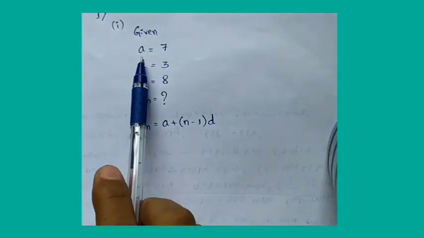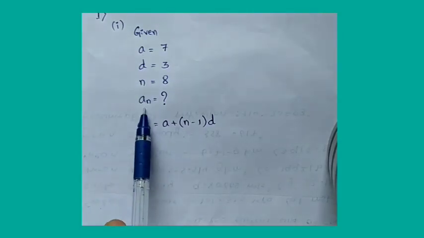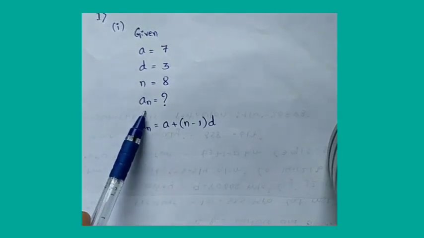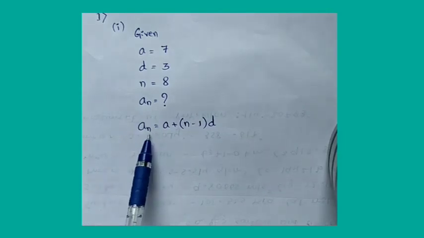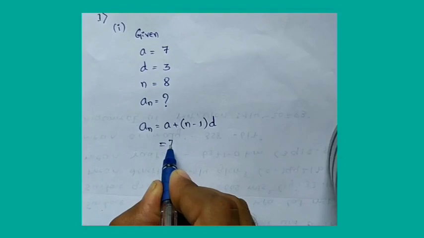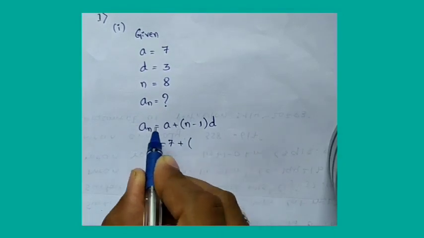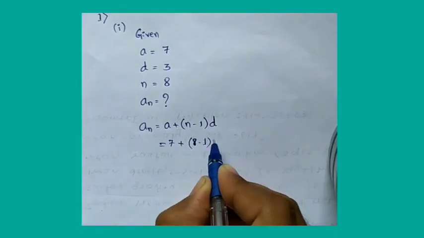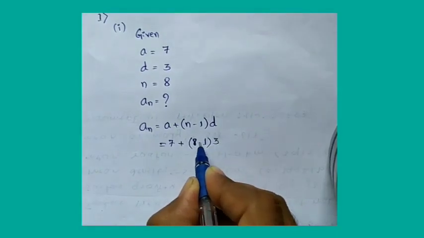In the first question they have given A, D, N. We have to find AN. So use the formula. As I already told, they will give any 3 terms, and using those 3 terms you have to find the 4th term. Now put in the formula. A is 7 plus (N is 8 minus 1) into D, D is 3.